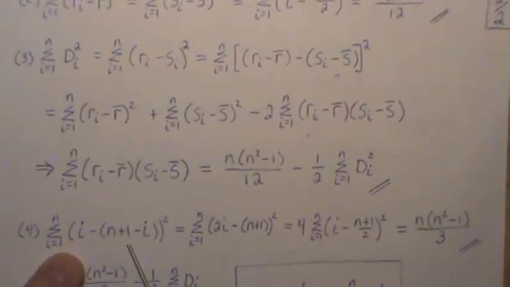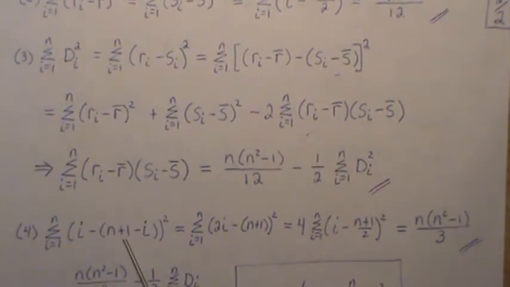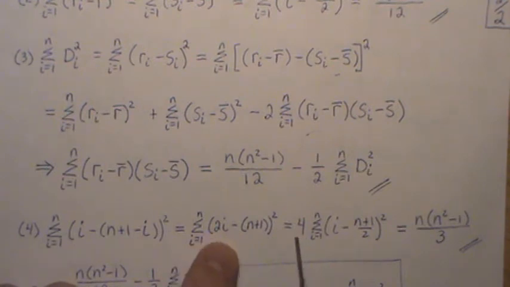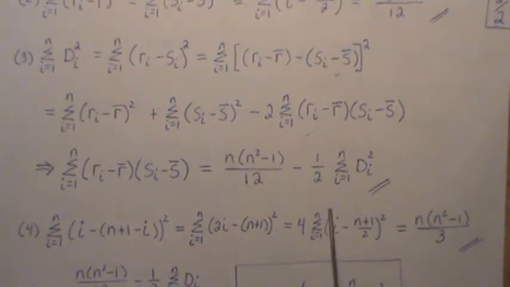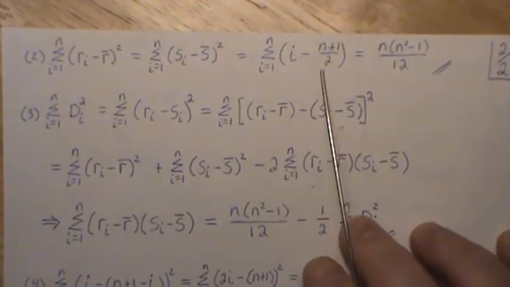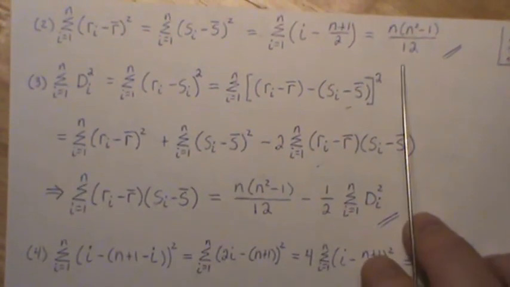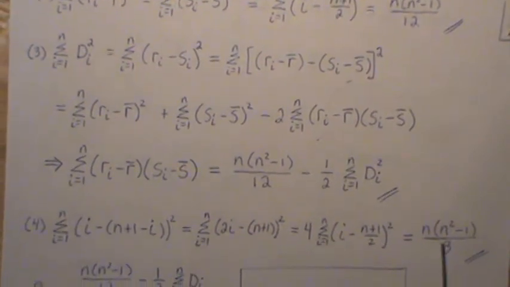That's what this represents. And actually write a few of those out and make sure that's right in your mind. So then this combines to 2i minus n plus 1. If we factor out a 2, it has to come out squared. That's why there's a 4. But then we get a divide by. And this piece is that. So we get this value. So the 4 cancels with the 12, becomes a 3.